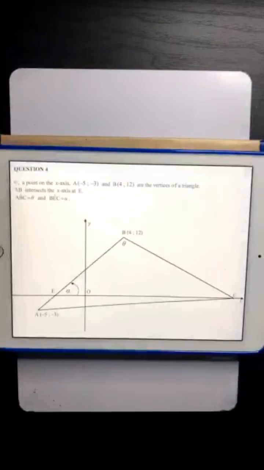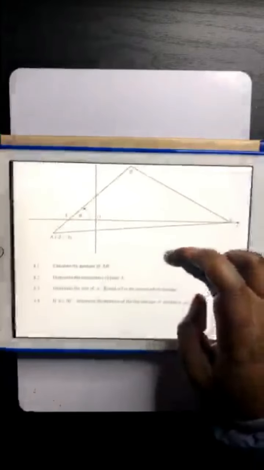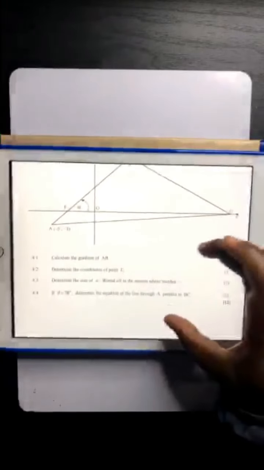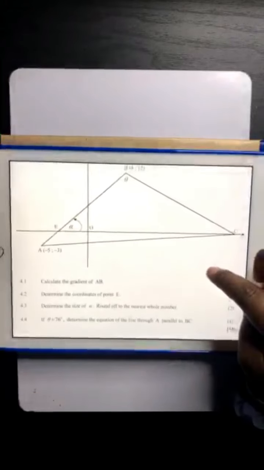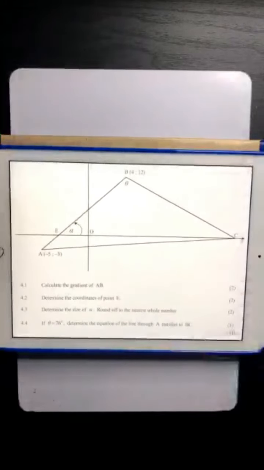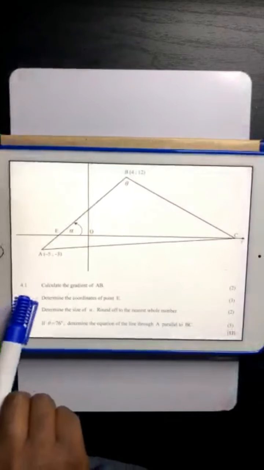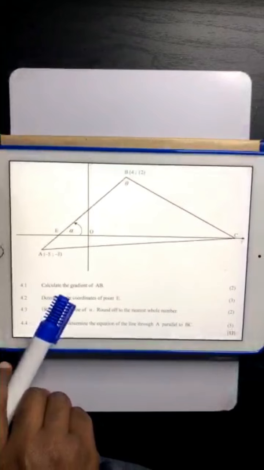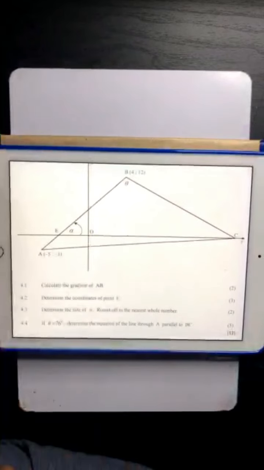So let's quickly have a look at the questions and just have a discussion. Remember, guys, I'm not going to be solving any question, but in our upcoming lessons, that's when we'll be solving these questions. So can you see that 4.1 says calculate the gradient of AB. This question is allocated 2 marks.